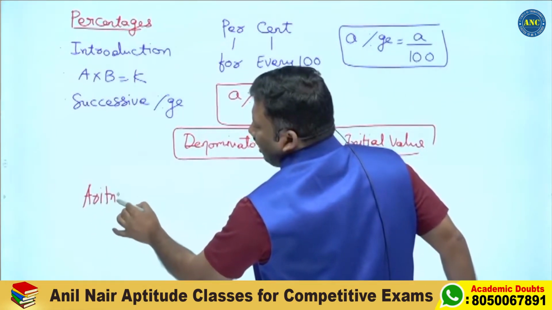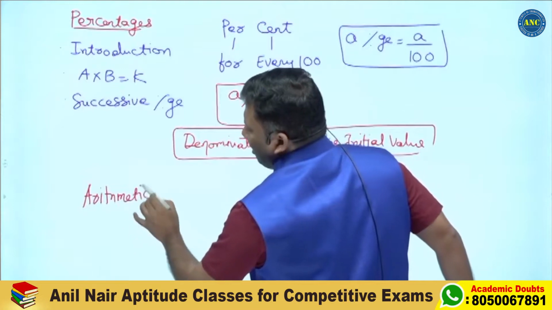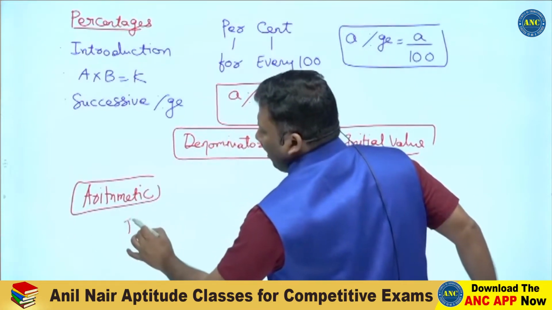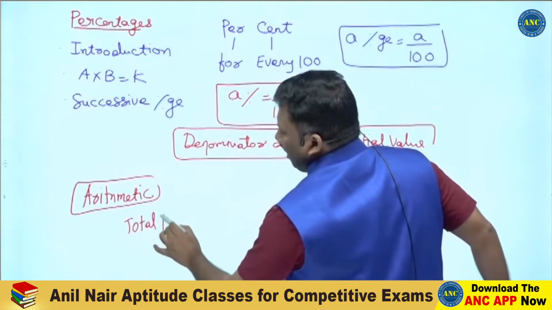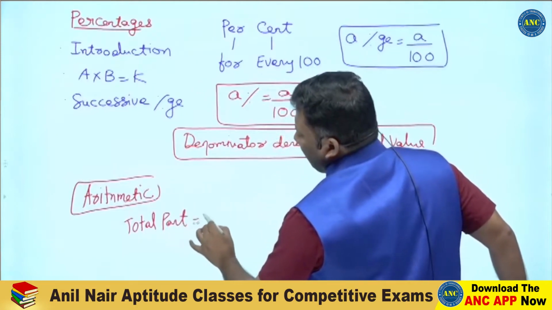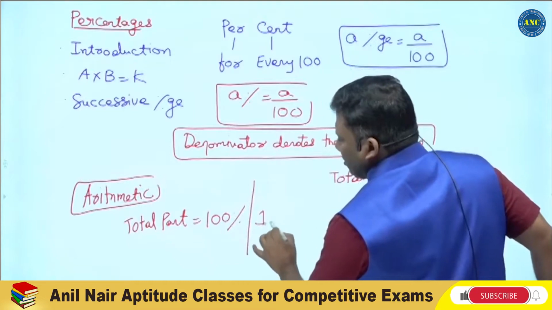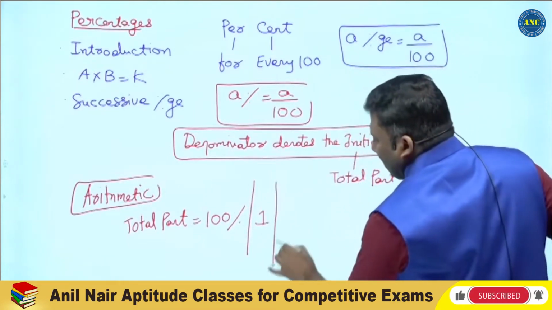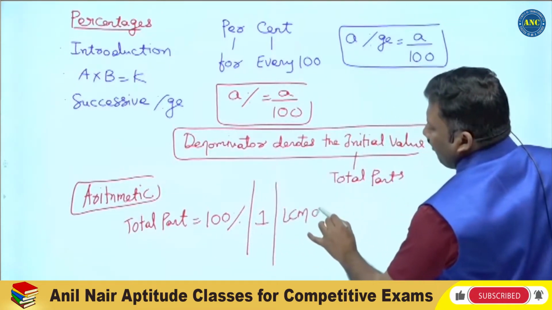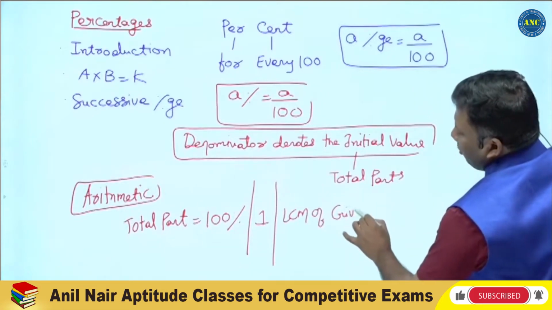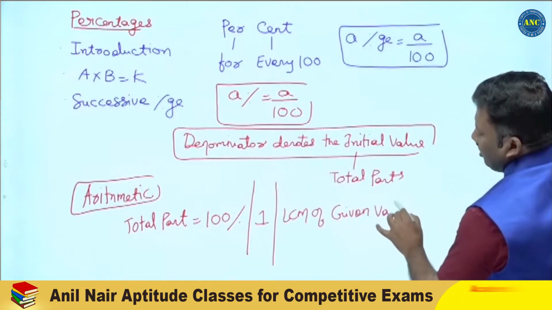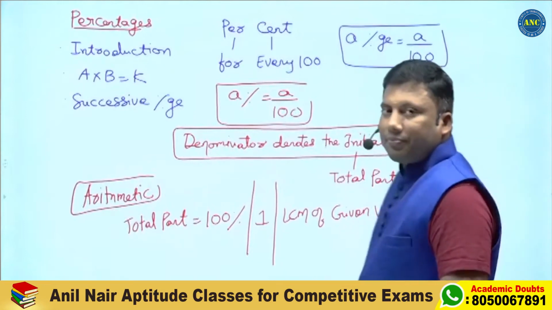In any arithmetic problem, there are 3 ways you can take the total part. Either you can take it as 100 percentage, or you can take it as 1, or you can take the LCM of the given values. Any question in arithmetic can be solved in these 3 different ways.